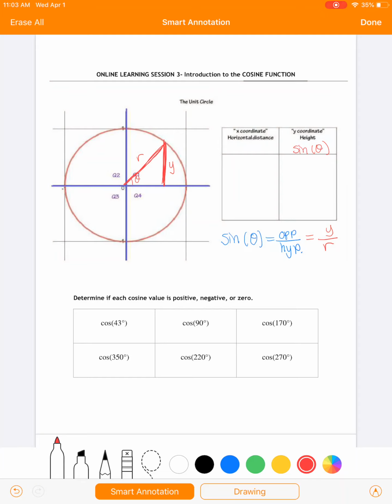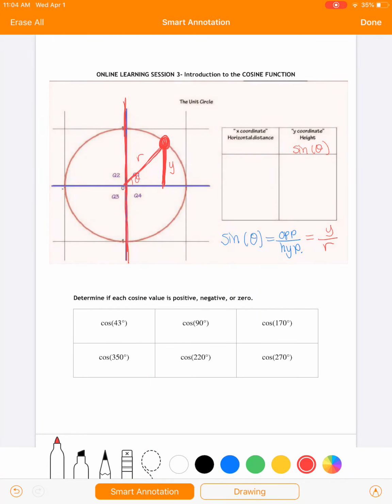We're now going to transition to cosine. So for cosine, rather than finding the height at different positions around this circle, it's going to measure the horizontal distance, meaning how far away to the right or the left are you from the y-axis. So before we were referring to the height, how high are you?